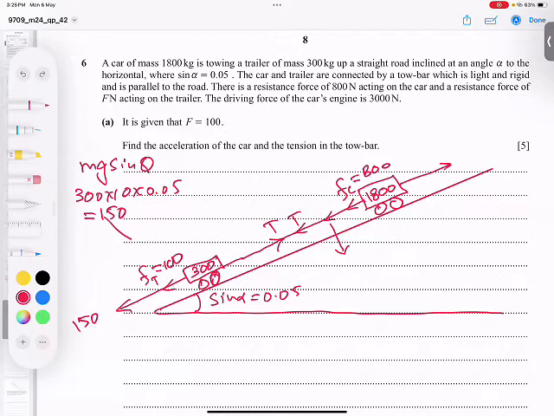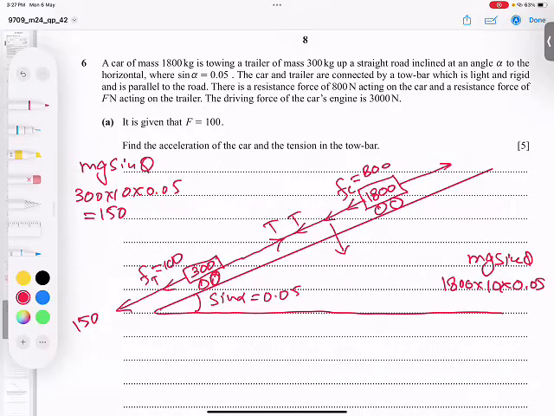So mg sine theta. Mass is 1800 this time. You can check in the calculator and type along with me, and sine theta is 0.05. If you divide your calculation, the chance of mistake reduces, and second, your attention will not divert.